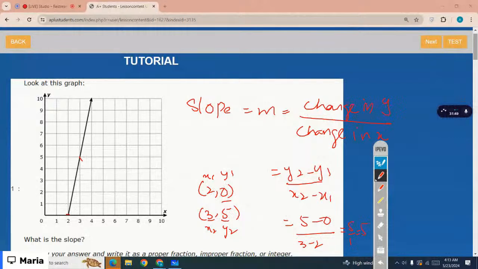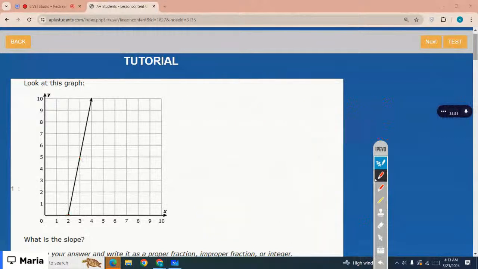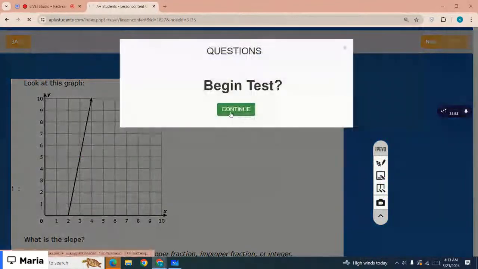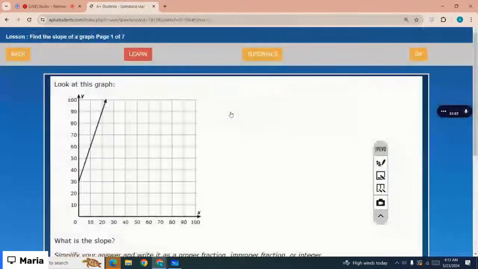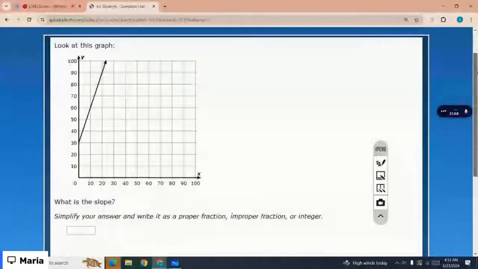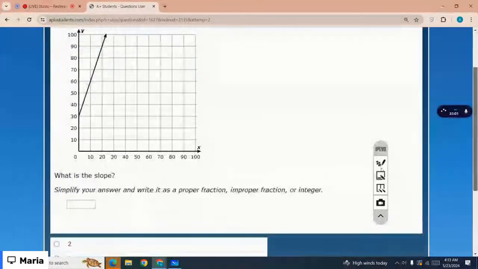Let's start with the test questions. Okay, look at this graph. What is the slope? You need to find the slope. Let me tell you another easy way to calculate the slope, right?